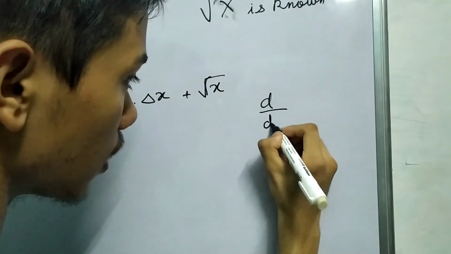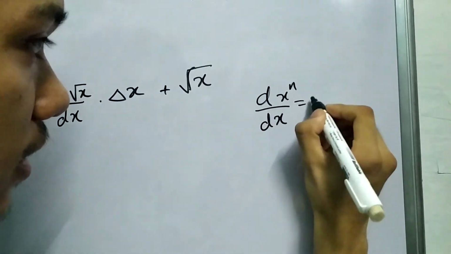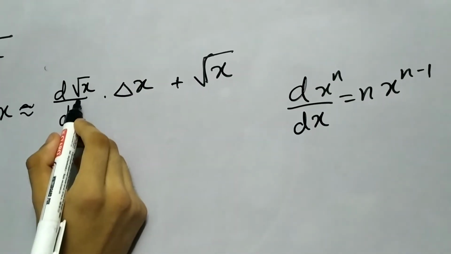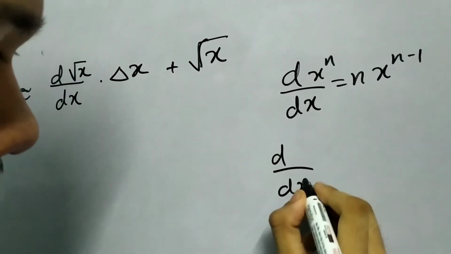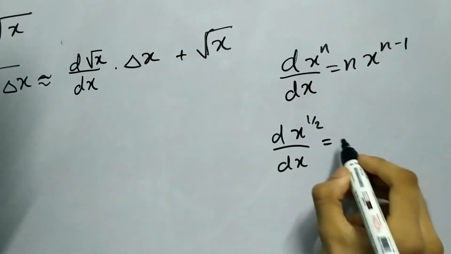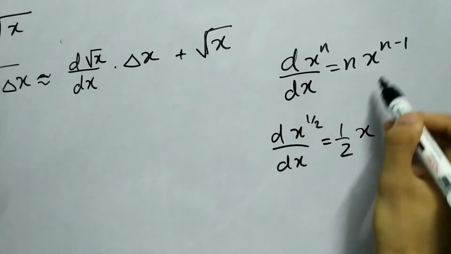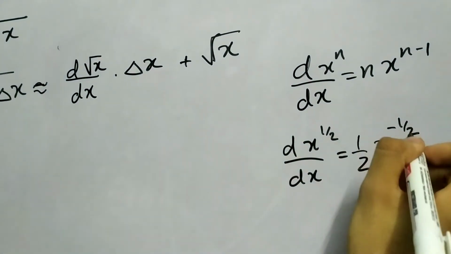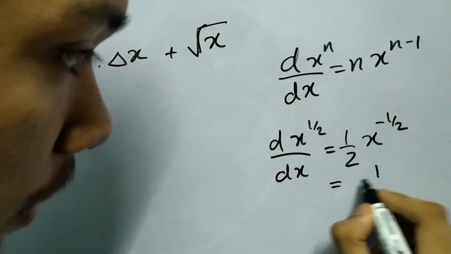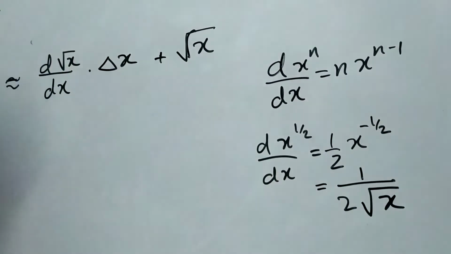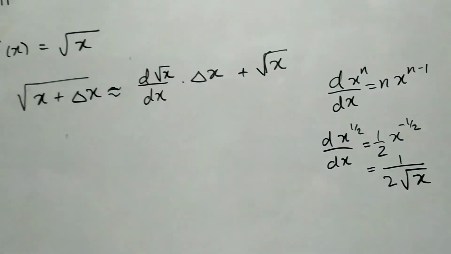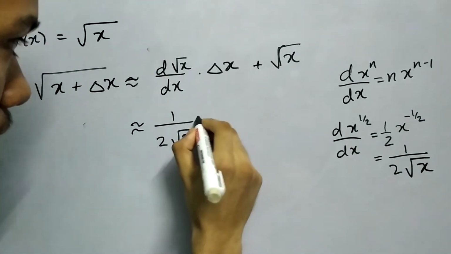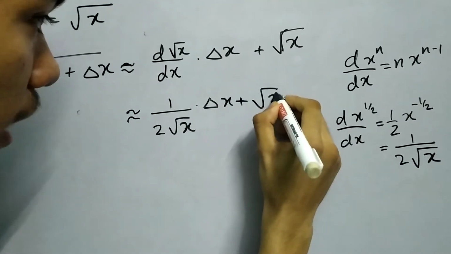Well, d by dx of x to the n is n x to the n minus 1. In this case n is 1 by 2. So d by dx of x to the 1 by 2 is 1 by 2 times x to the 1 by 2 minus 1, so this is minus 1 by 2. Then this goes into the denominator: 1 upon 2 root x. So this is 1 upon 2 root x times delta x plus root x.